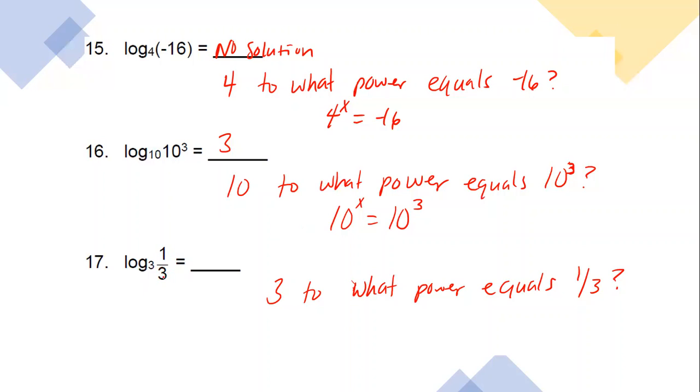If I'm going to have a fraction as my argument, that tells me that my solution has to be what? Negative. Okay, so this is saying 3 to what power equals 1/3? What number will move my 3 to the denominator? A negative, and it will just be a negative 1. Because 3 to the negative 1 equals 1/3. Does it? It does. Exponent rules. A negative power means it belongs in the denominator.